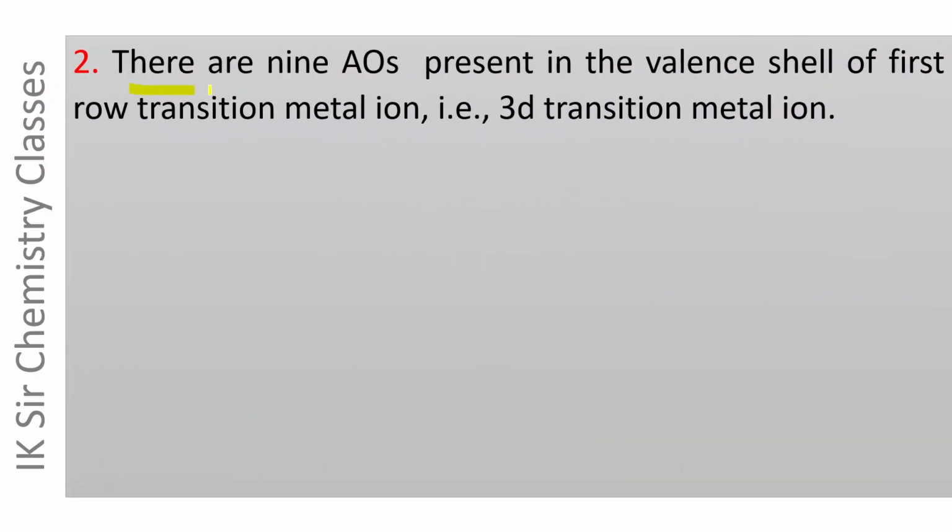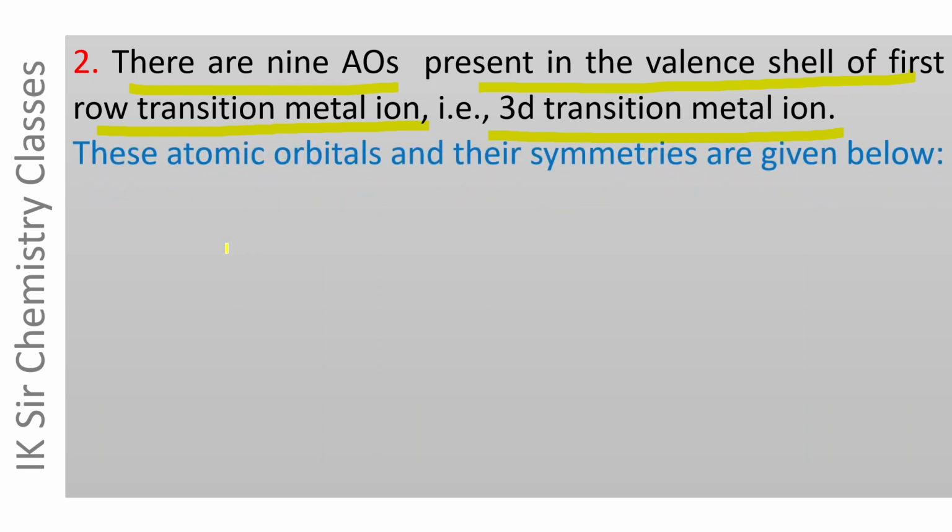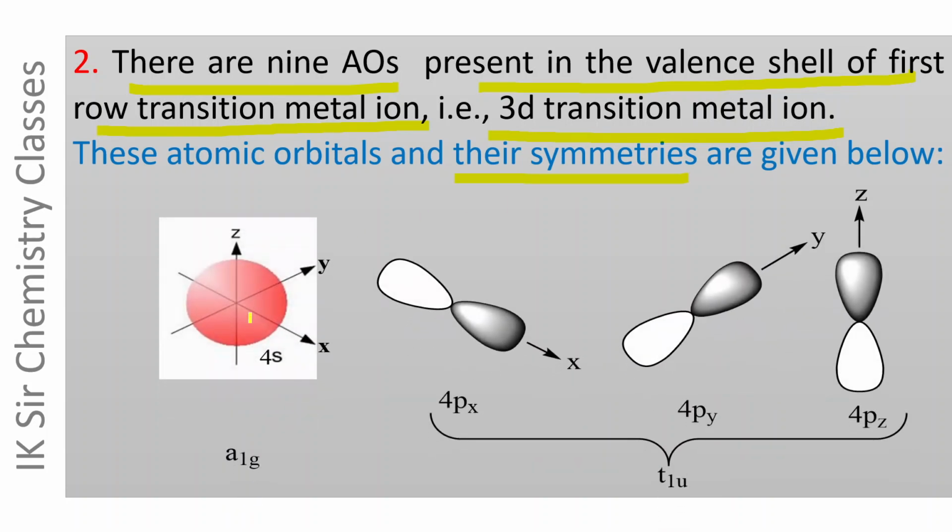There are 9 atomic orbitals present in the valence shell of a first row transition metal ion, that is a 3d transition metal ion, and these have been represented diagrammatically below along with their symmetries. This is the 4s atomic orbital which has symmetry A1g.